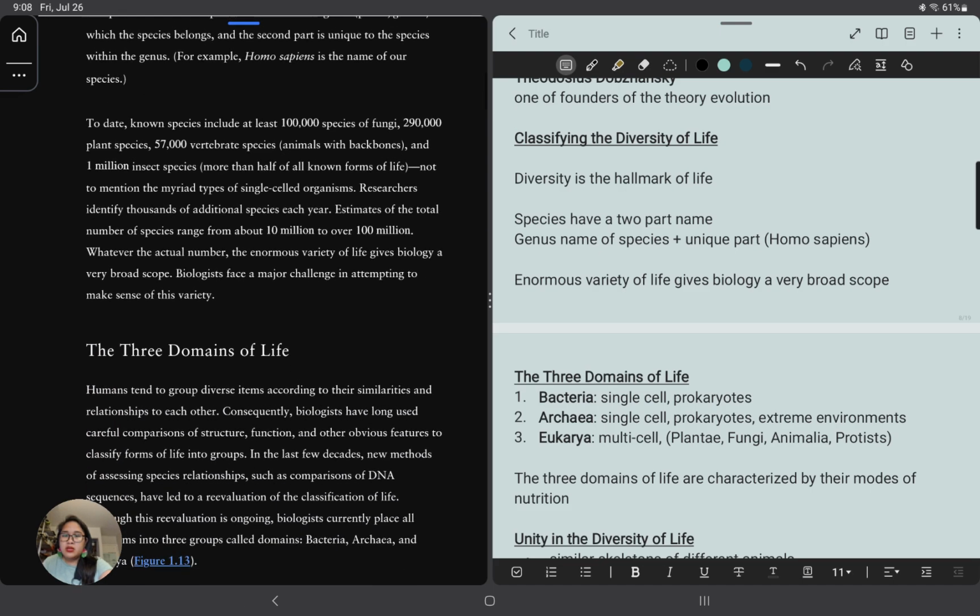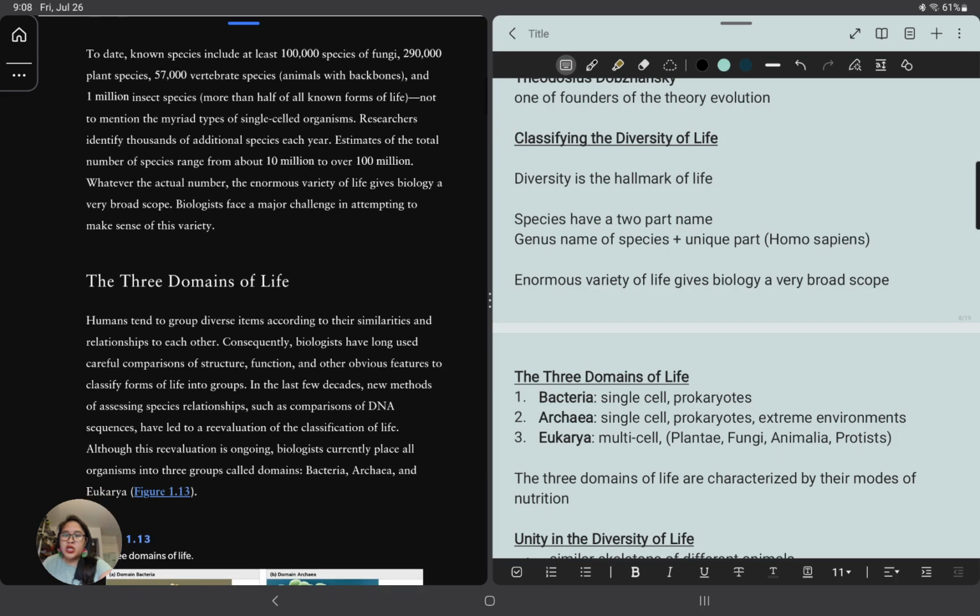To date, known species include at least 100,000 species of fungi, 290,000 plant species, 57,000 vertebrate species, animals with backbones, and 1 million insect species, more than half of all known forms of life. Not to mention the myriad types of single-cell organisms.